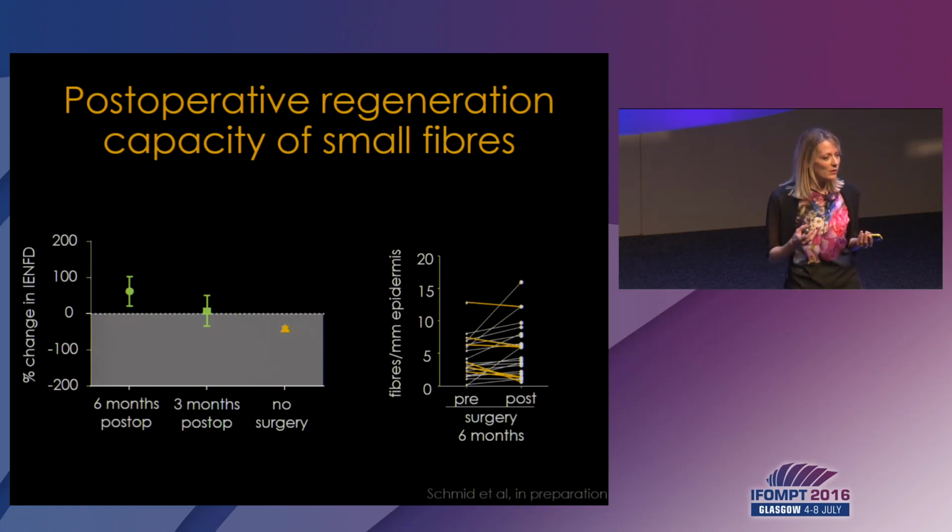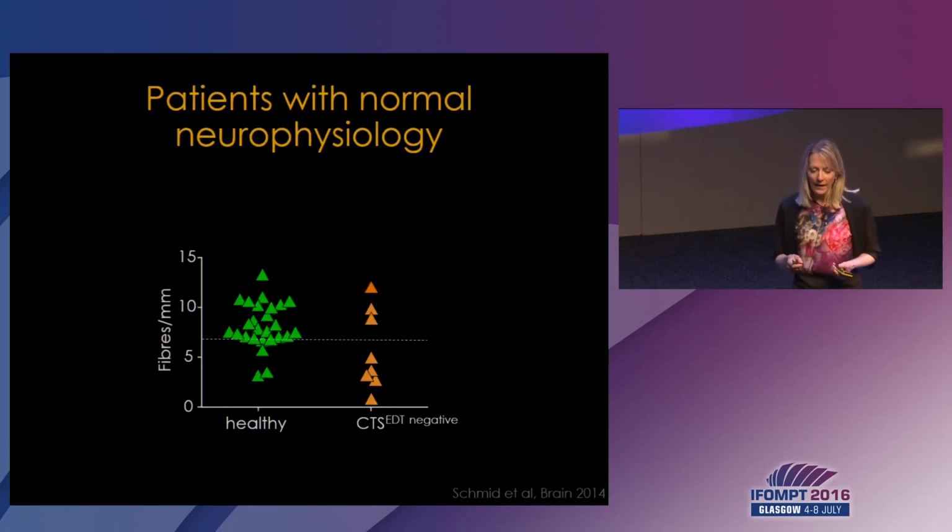And we are currently looking whether that might explain why some patients with a lower regeneration capacity do not benefit from surgery. Most importantly, we're currently looking at the genetic profile in the skin, the expression profiles in the skin, to see whether we can find a molecular signature that might facilitate or prohibit regeneration.